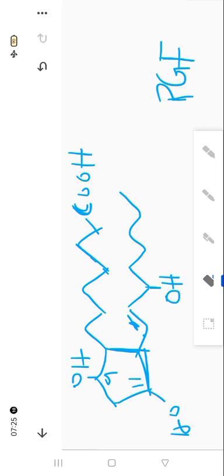Now we could have geometric isomerism here, in the sense that depending on the orientation of the hydroxyl group in space, this hydroxyl group could be pointing directly towards us like this, and this hydroxyl group is also pointing towards us, facing the plane of the paper, so this is a kind of cis isomer.